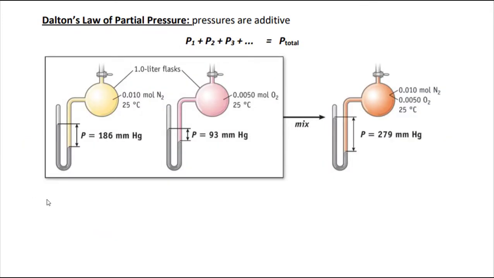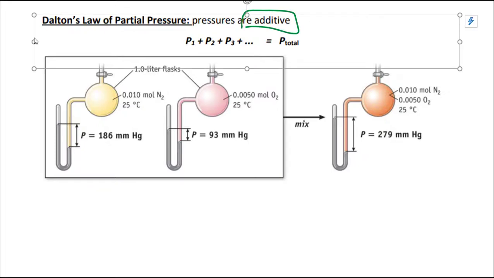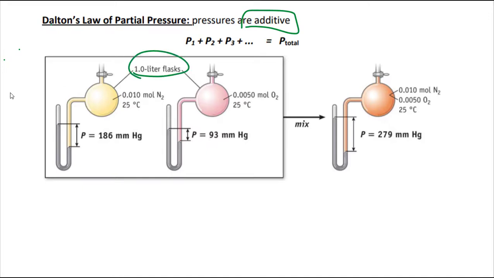All right, moving on, looking at Dalton's law of partial pressure. What's important to see is that pressures are additive. It is important to see that both of these are 1 liter flasks, so I am looking at same volumes of two different pressure systems.